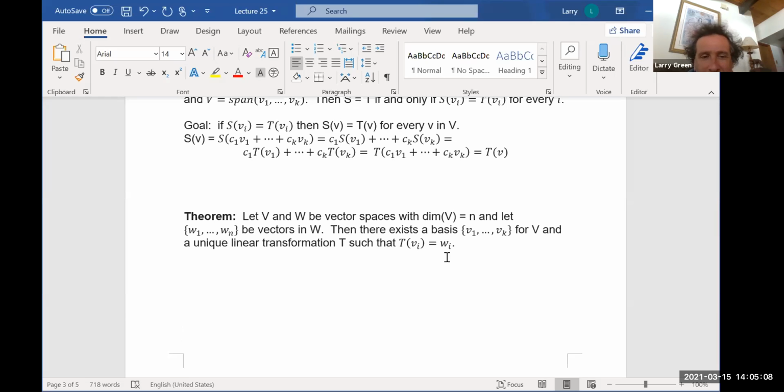I'll give you a second to read through it. This k might as well be an n, because if the dimension of V is n, then a basis always has n vectors.